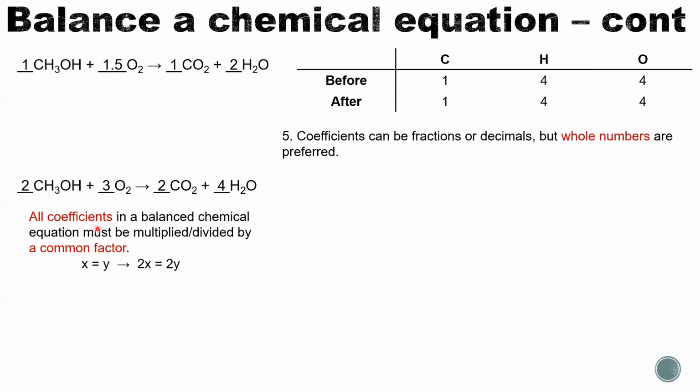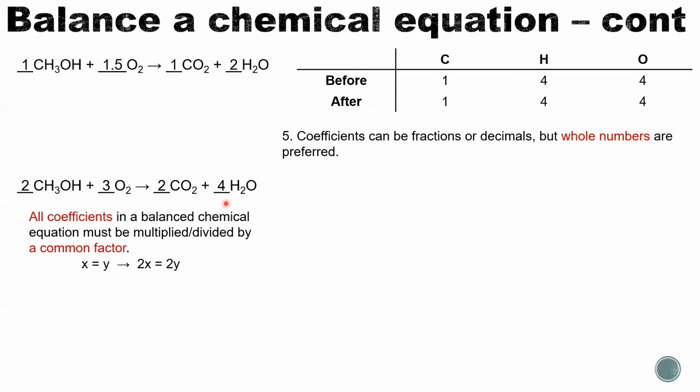You can treat a chemical equation more or less like a math equation. You can treat the arrow as an equal sign. So if you have x equals y, you can multiply both sides by 2, or divide by 2, then 2x equals 2y. So when you change the coefficients, make sure you do it together with all the other coefficients.